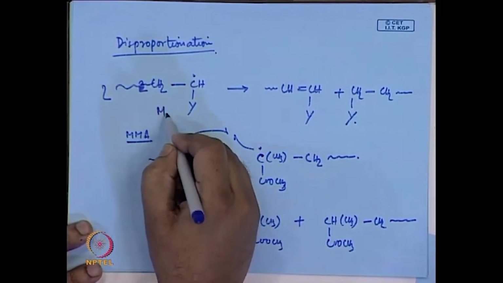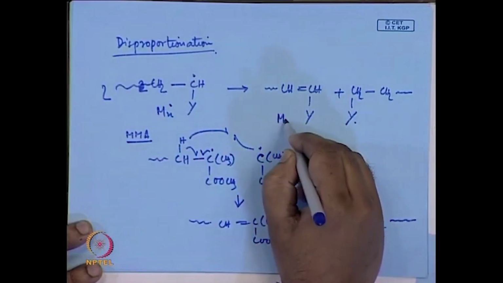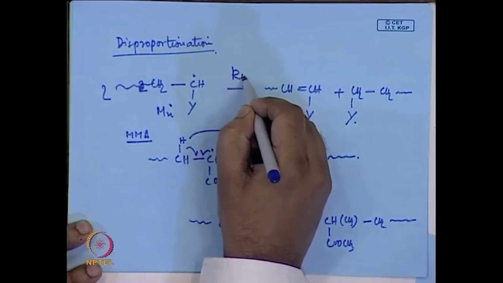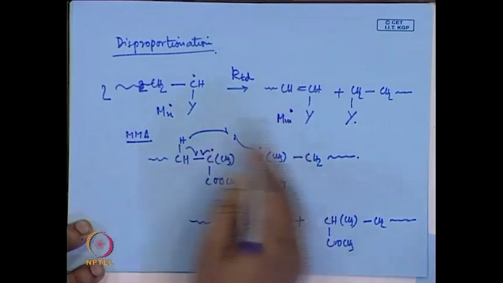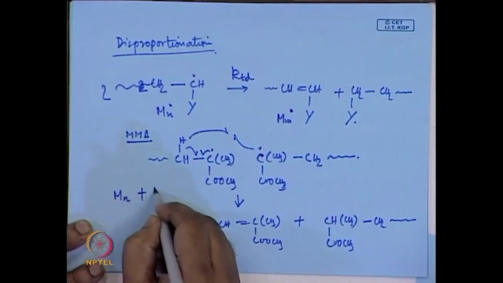So, if I write Mn dot here and this M dot, and this reaction has K termination by disproportionation, it gives again Mn plus Mm.